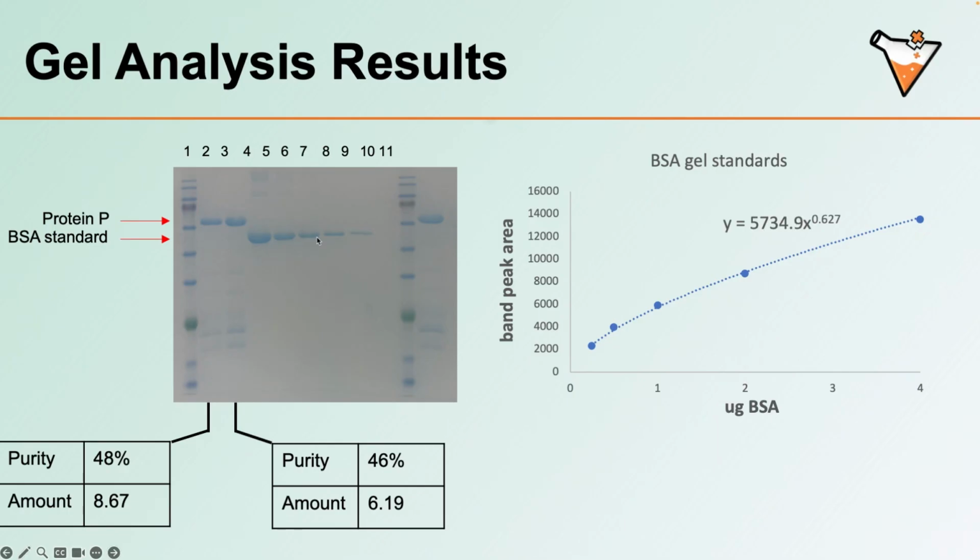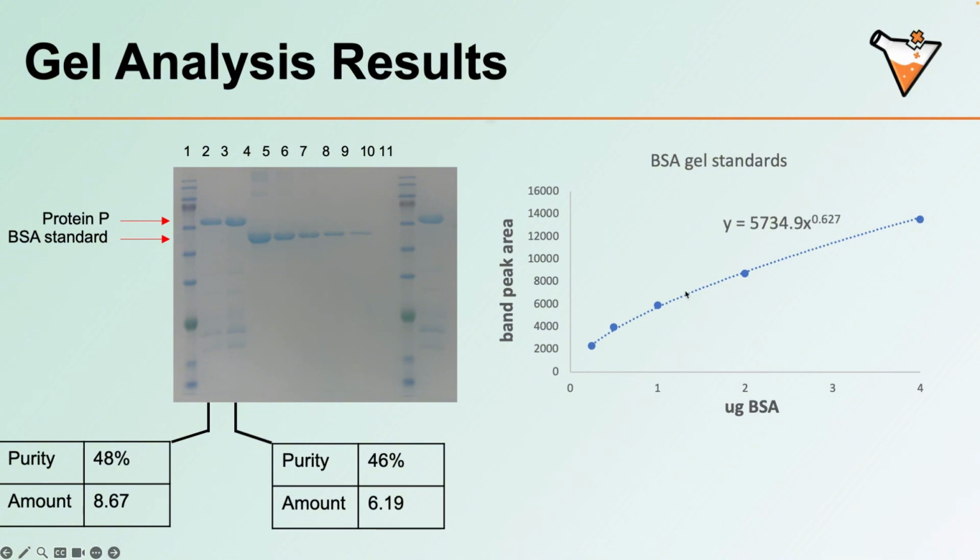So this is the gel, remember. My protein of interest is in lanes 2 and 3. And these are my BSA standards. And you can see the standard curve that I got from the integrated peak areas. Okay, so the peak areas go up as I add more micrograms of BSA protein.